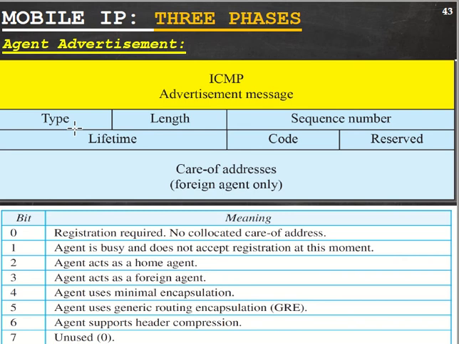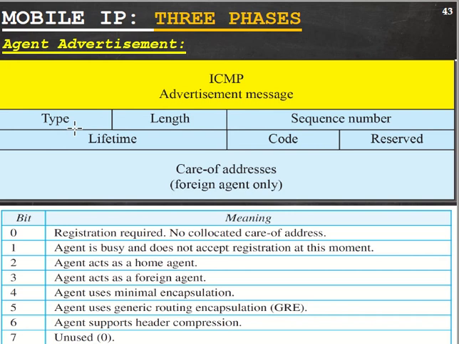If the bit is 1, then the agent is busy and does not accept a registration at this moment. If it is 2, then the agent acts as a home agent. If it is 3, then the agent acts as a foreign agent.